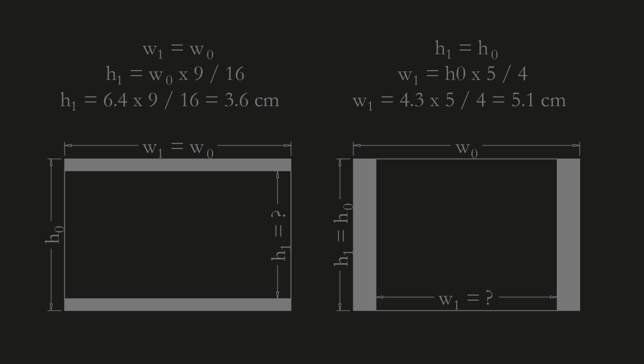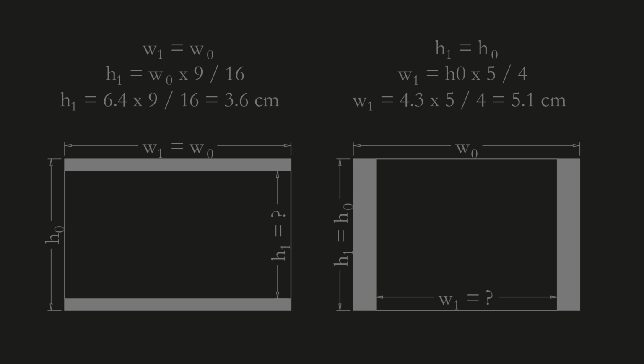Using the example of the Nikon D7100, that would be the original width, 6.4, times the inverse of the desired aspect ratio of 16:9, so that's 9 divided by 16, leaving us with the final mat height of 3.6 centimeters.